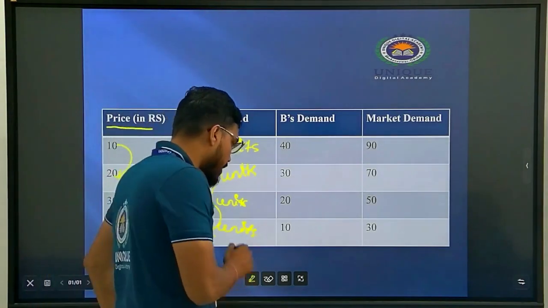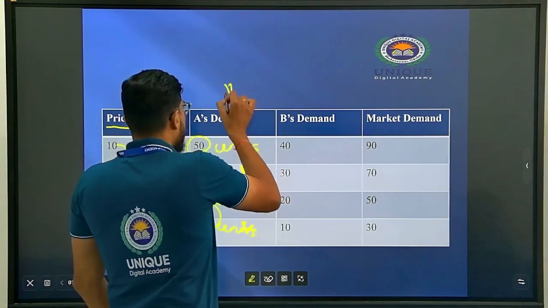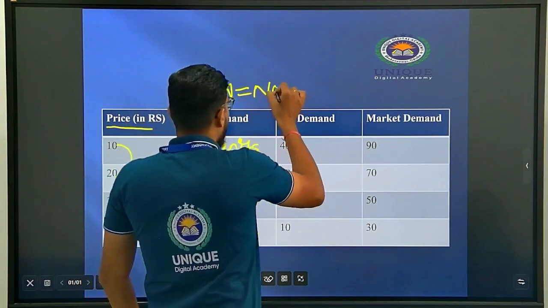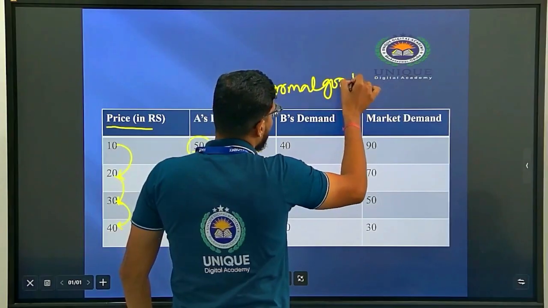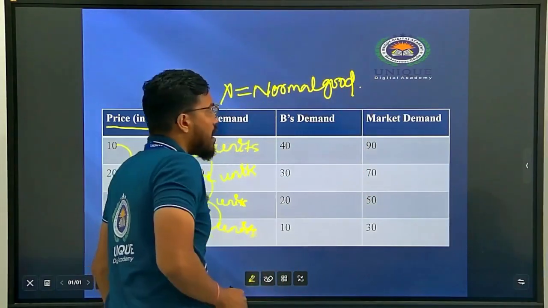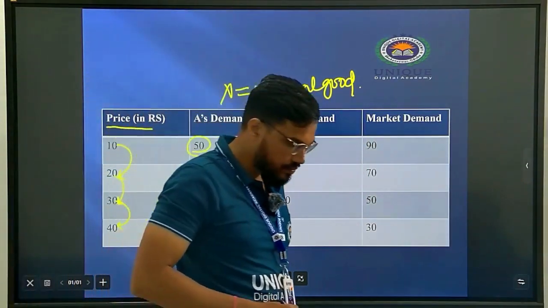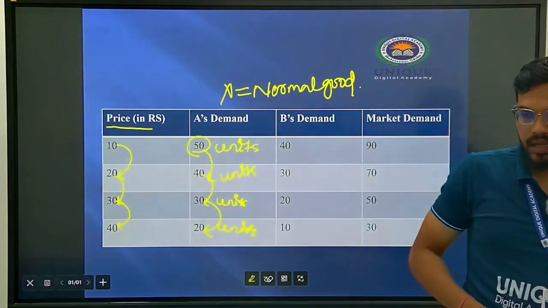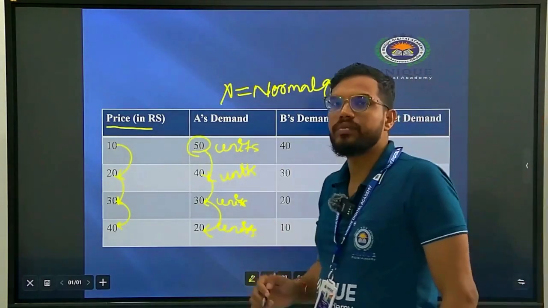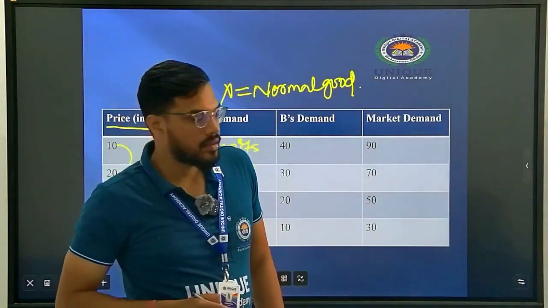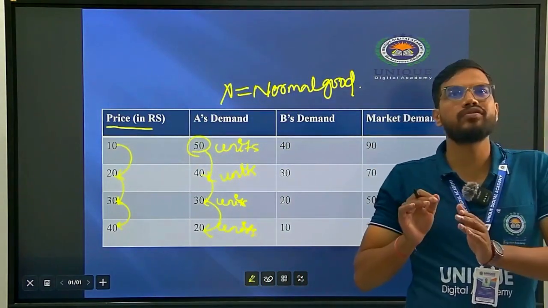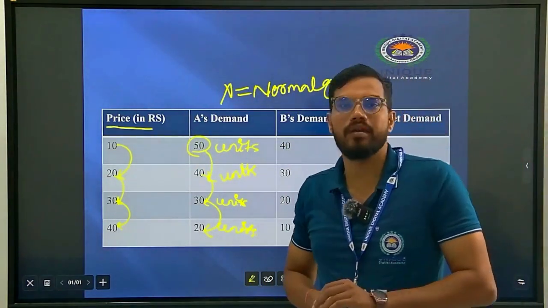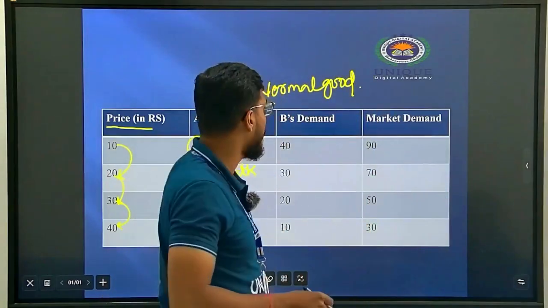And here X is a normal good, and we assume that consumers are rational. It means that they do everything by using their logic, not by their emotions.